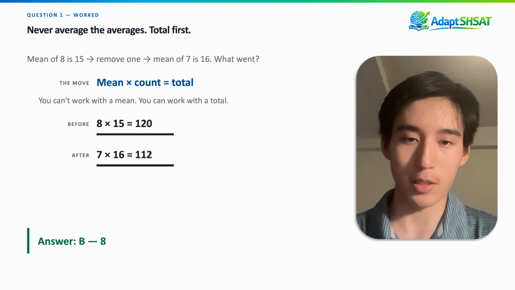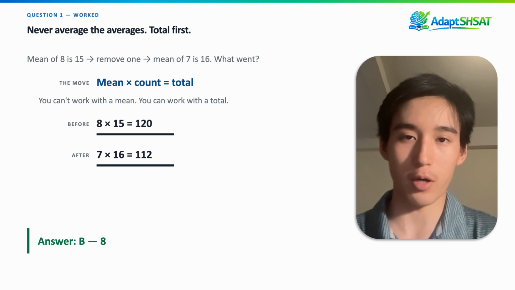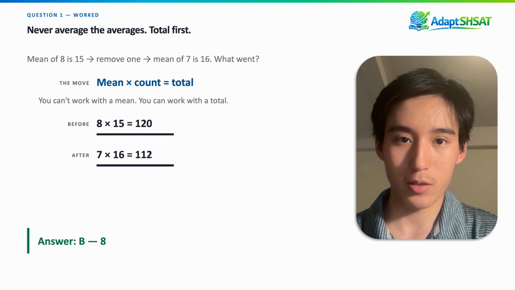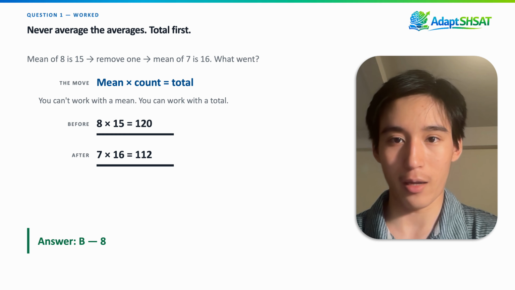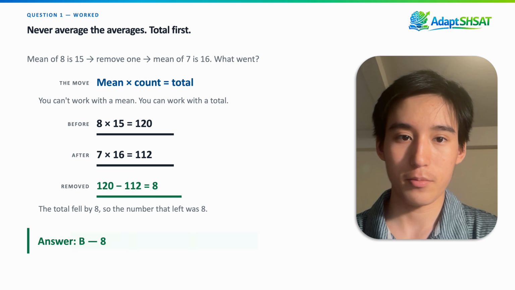And now we have 7 numbers and their mean is 16, so their total is 112. So we have the difference in totals, and using this, it's not that hard to find the answer, which is that the total dropped by 8. So the number removed was 8. So the answer is B.